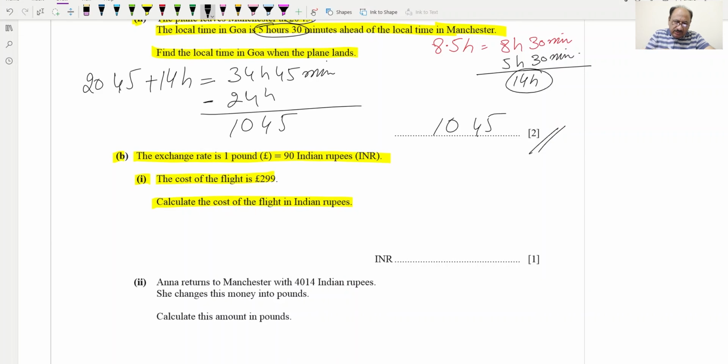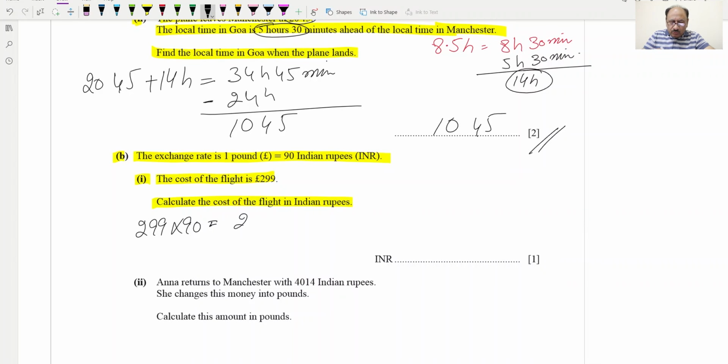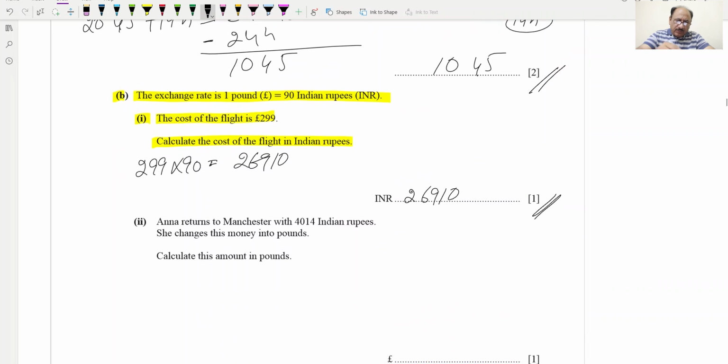So 299 will be multiplied by 90 to get the amount in rupees, and 299 multiplied by 90 is equal to 26910. This will be our answer at the proper place, and it is a 1-mark question.